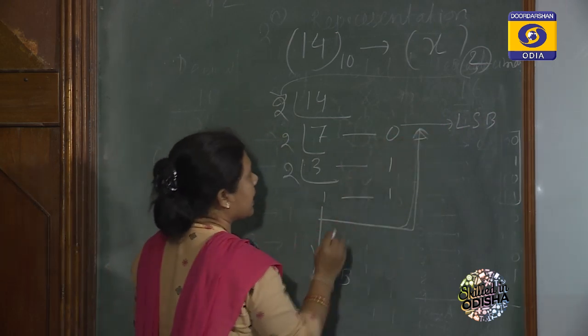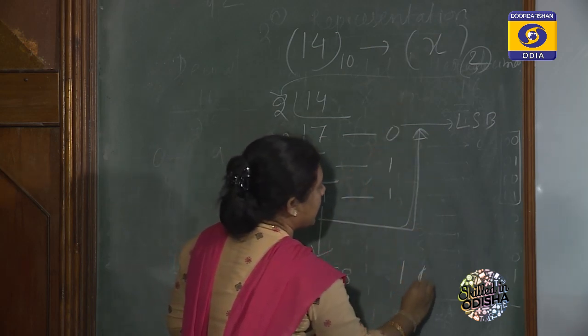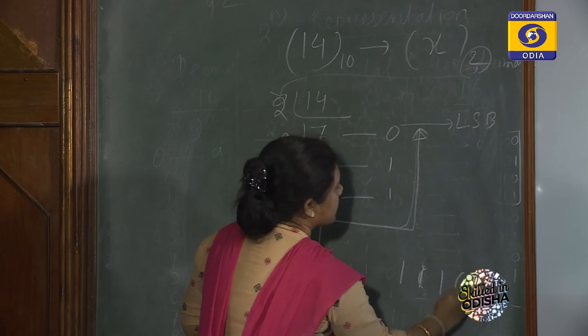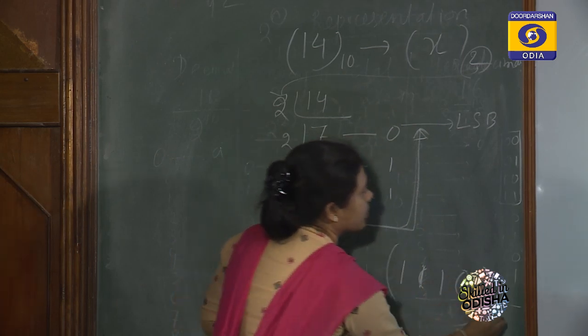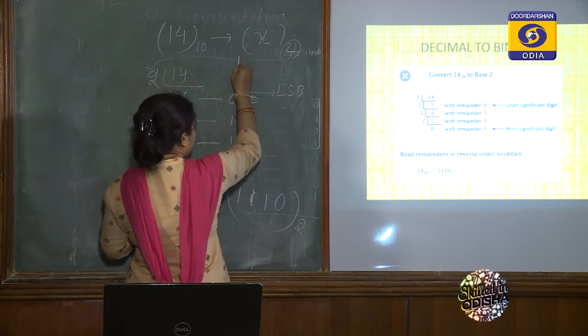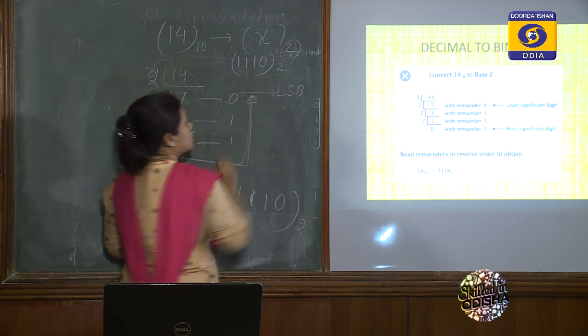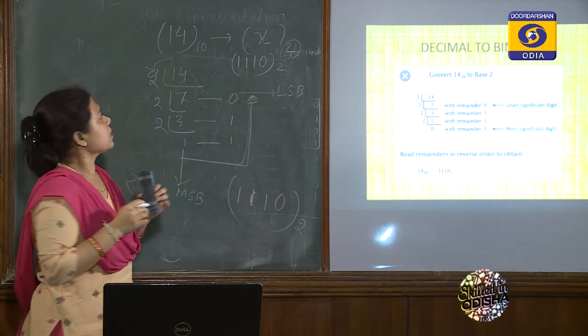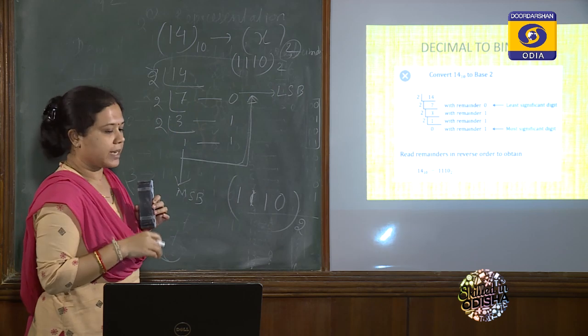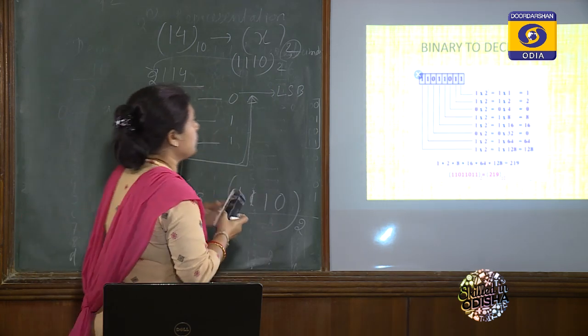That means here I have to write first 1, then 1, then 1, then 0, and here the base is 2. So what is the value of x? That is 1 1 1 0, base 2. So in this way we have to convert from decimal to binary. So next is binary to decimal.